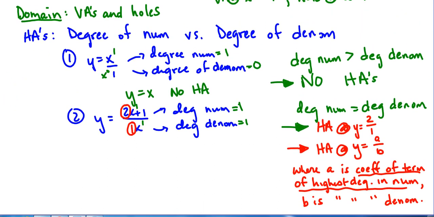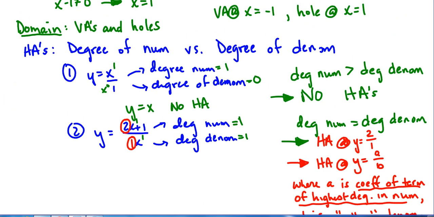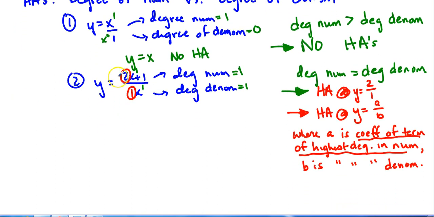If the degree of the numerator is equal to the degree of the denominator, you're going to look at the coefficients of the term of highest degree, and that's where you're going to find your horizontal asymptote. The third case here is when the degree of the denominator is greater than the degree of the numerator.